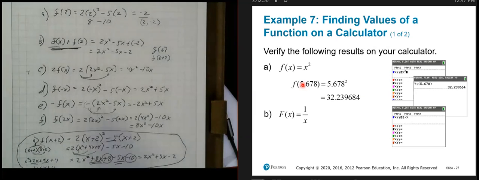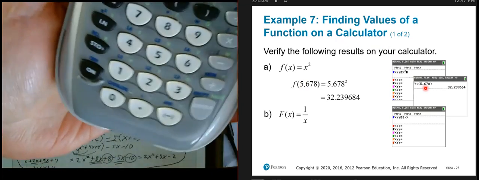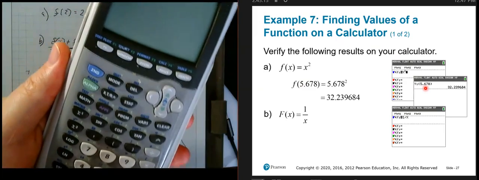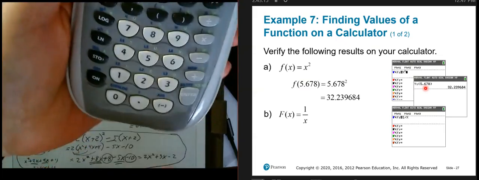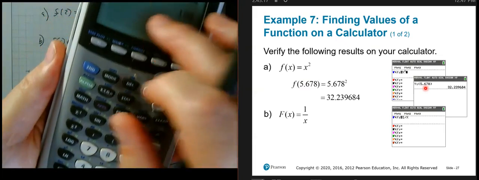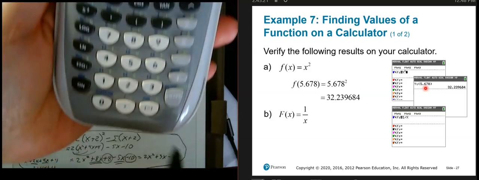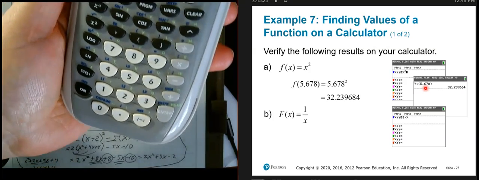Yeah, if you notice here, they do this. Y sub 1 equals, and because they're using a TI graphing calculator, the way you get the Y sub 1 on the main screen is, if you notice, where is it?